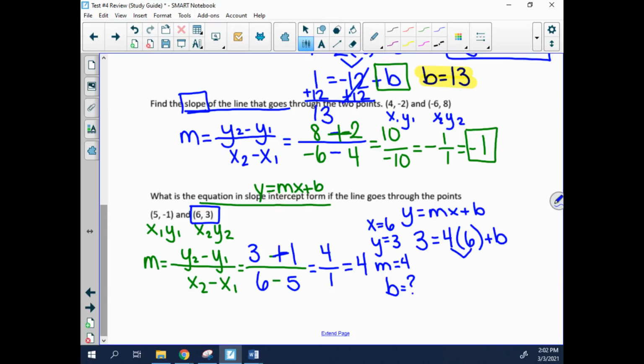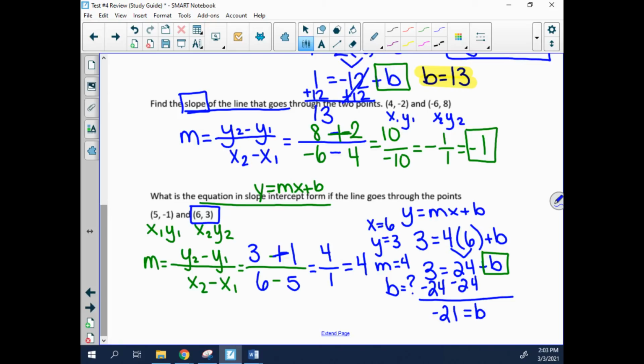So y is 3, m is 4, x is 6, we don't know b. So we're going to multiply these two together. 4 times 6 is 24 plus b. So I have 3 equals 24 plus b. We're going to subtract 24 from both sides because we're trying to get b by itself. And it's a positive 24, so the opposite is negative 24. 3 minus 24 is negative 21.